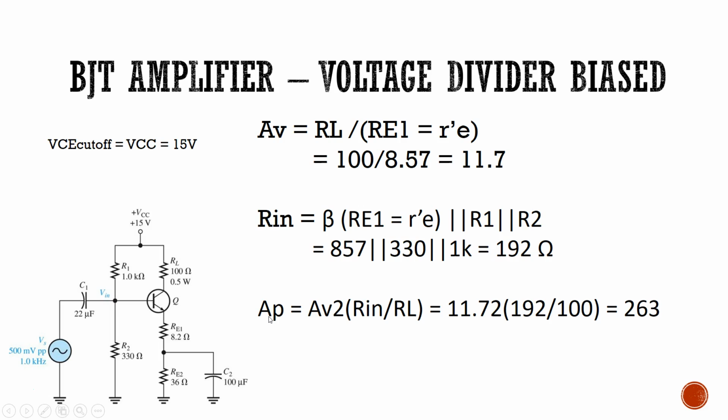Our power gain we were looking at here, oh, there's another one, I forgot to make that a square. It should be AV squared times RN over RL. And this is 11.7 squared times 192 divided by 100.